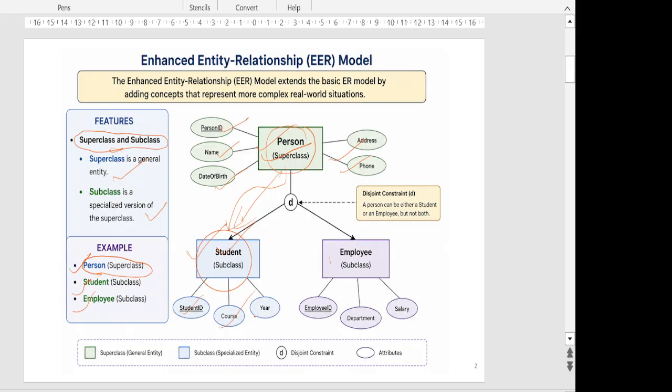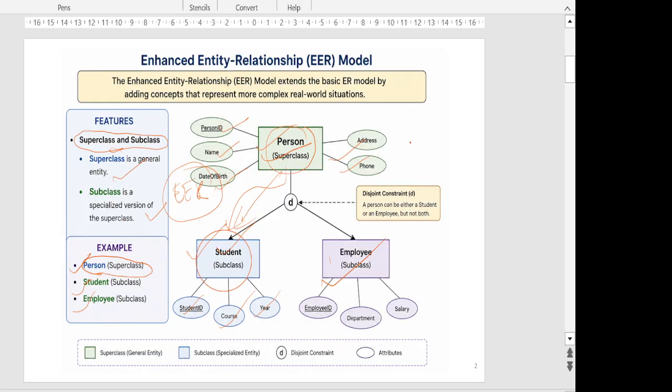Similarly, just as the person has attributes, the student also has them, and the employee also, right? So why is it an EER diagram? Because it is an enhanced version of the entity relationship model. It adds some more concepts to represent more complex real-world situations than exist in ER diagrams.